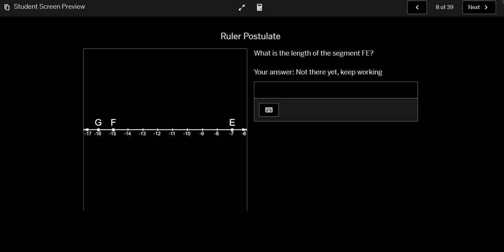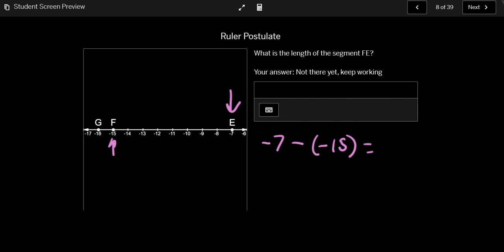But if the number line is much grander in size and you can't just count it, the easiest route for finding this distance is to take your second point, in this case -7, and subtract from it your first point, so minus -15.